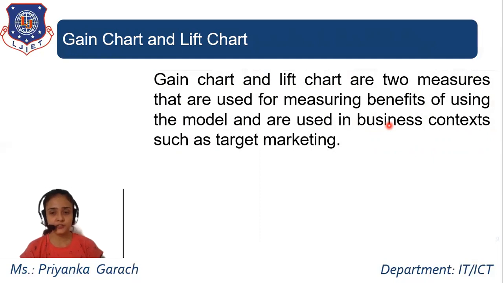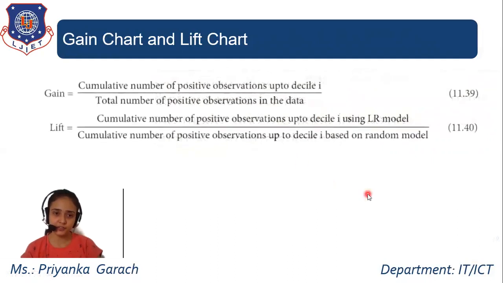The gain chart and the lift chart are the two measures that are used for measuring the benefits of using the model and are used in business contexts such as target marketing. So what are the benefits of using the logistic regression in my particular data set? That is told by the gain chart and the lift chart.